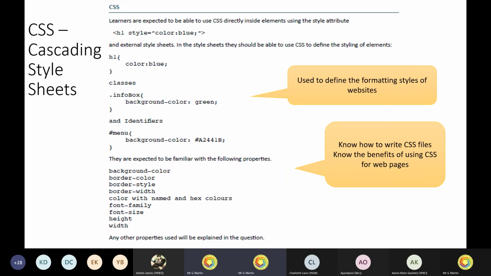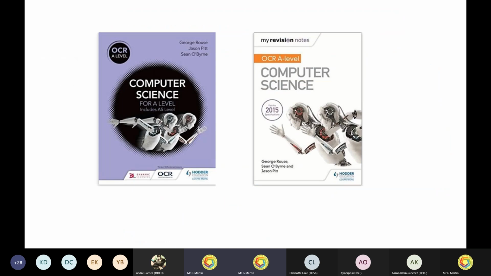And that gives you an example of how the same data in HTML can be represented differently by using CSS instructions. So that's all the content of the computer science.